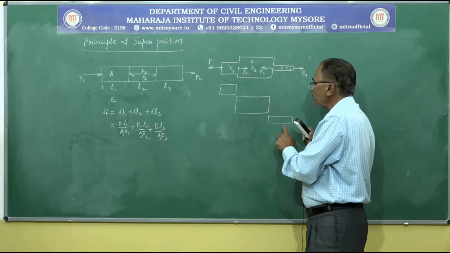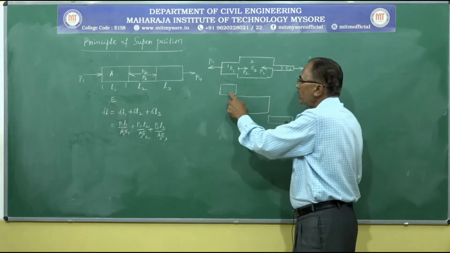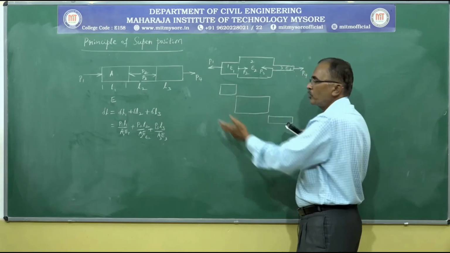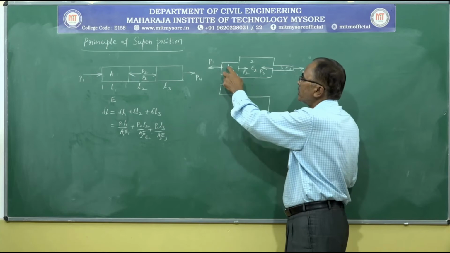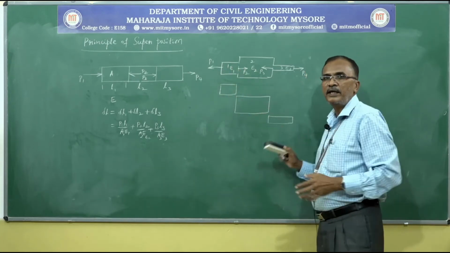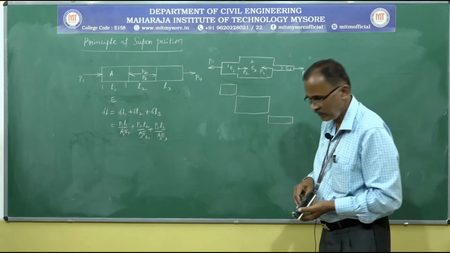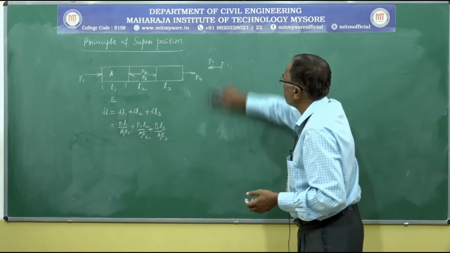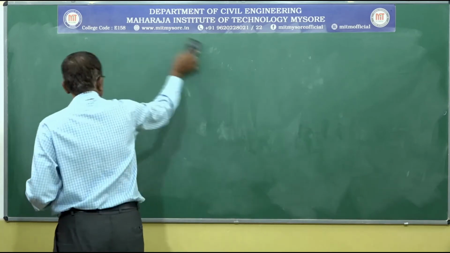To calculate induced stresses in the different portions, we have to use the final load after balancing the individual portions. The final load acting on the individual portion divided by its cross-sectional area gives us the stress induced in the different portions. So like this we can understand this principle of superposition.